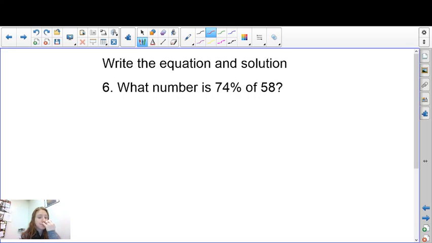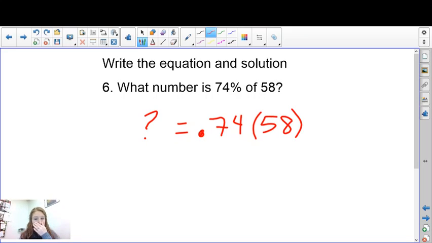So what number, that's a question mark, is 74%, again, we don't ever use the percentages, turn it into a decimal, of means multiply, and 58. So on my paper, I can see that it cannot be F because it starts with a 0.745. I'm sorry, 0.74.